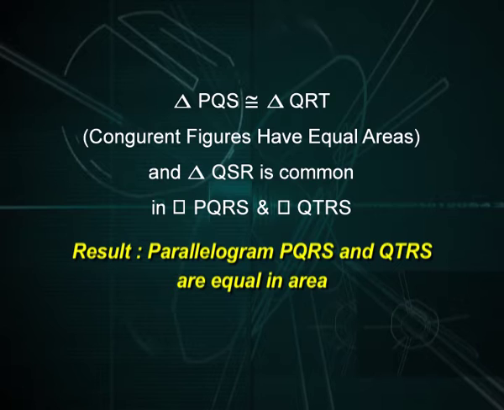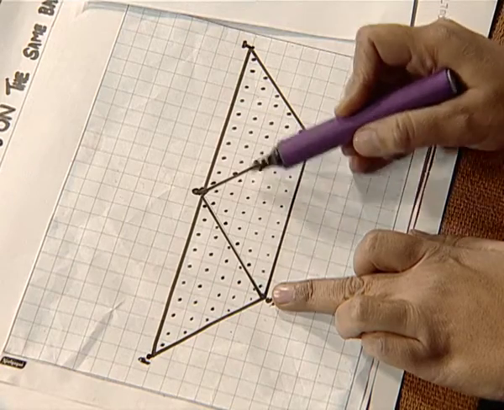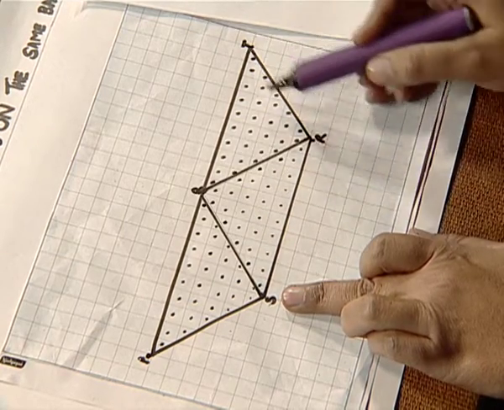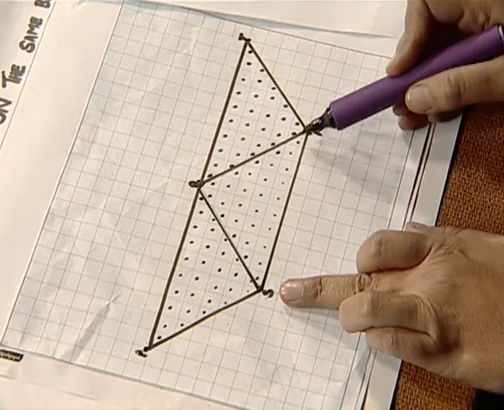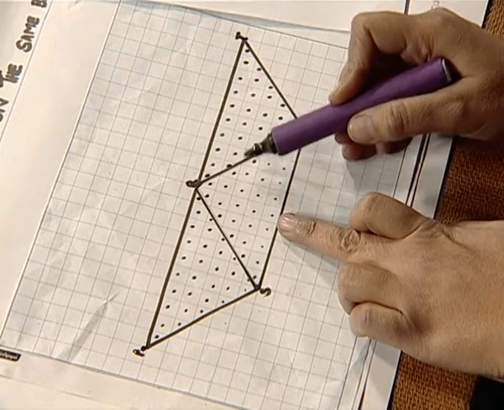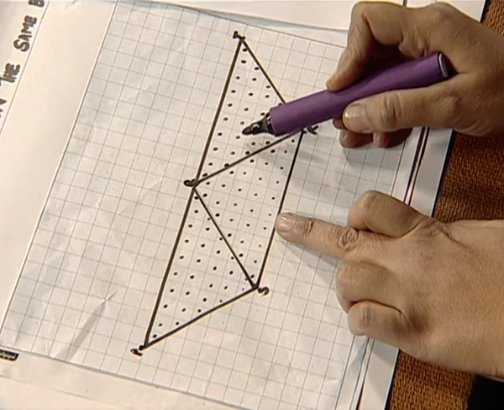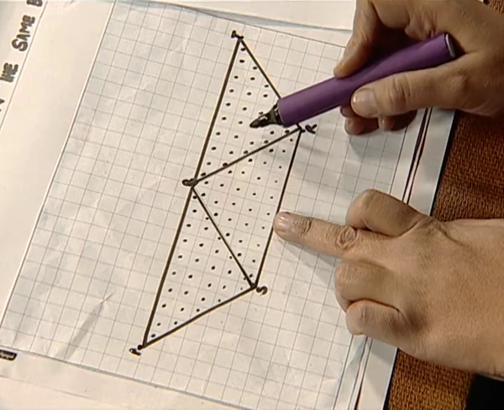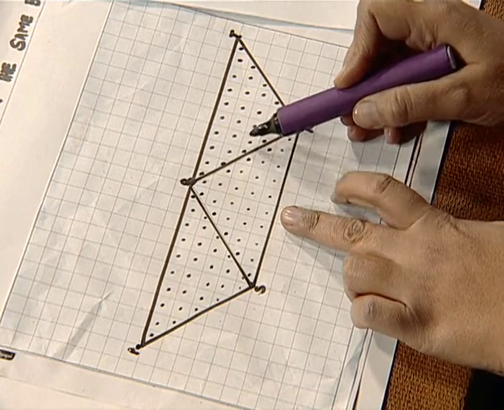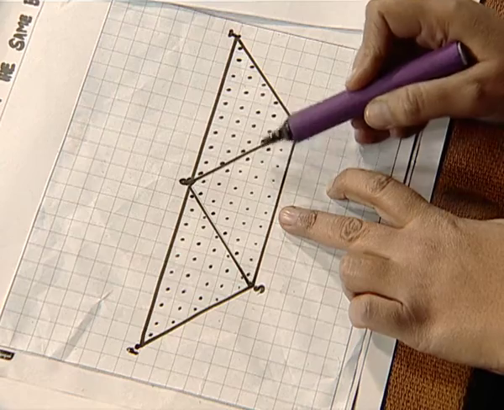Again, if we observe parallelogram QTRS, we find its area is 50 centimeter square, as it is made up of two triangles QTR and QSR, and these two triangles' areas are 25 centimeter square each, and it is equal to 50 centimeter square.